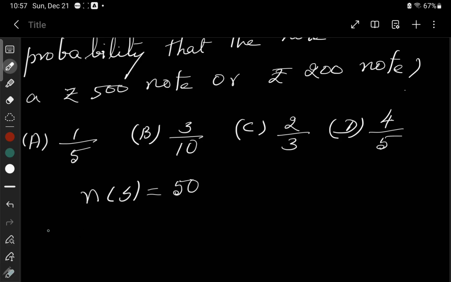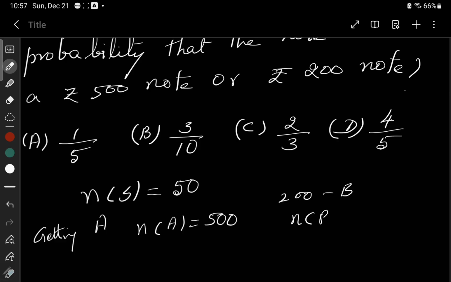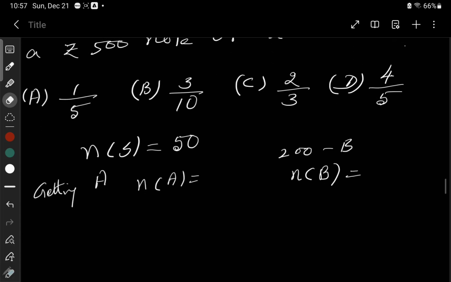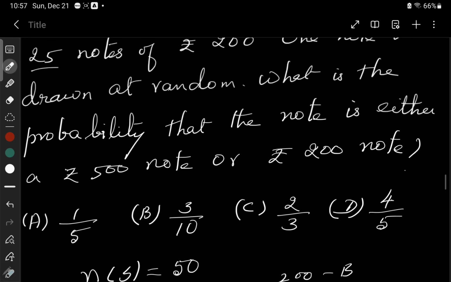So getting 500, let me take the event as A. So N of A is the number of 500 rupee notes, which is 15 notes. And since they said or, getting 200, let me take the event B. The number of 200 notes is 25.